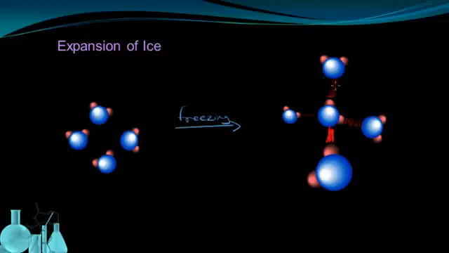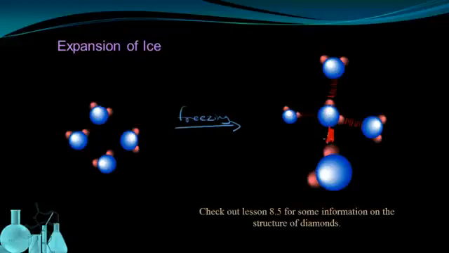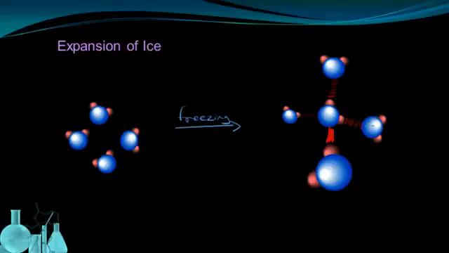And you may start to see this already, but what we have here is a tetrahedral shape, very similar to the structure of diamond that we saw before. And this locked tetrahedral arrangement of atoms forms a basis for the crystal structure of ice. And it actually turns out that when water is frozen, the water molecules are not closer together. They actually spread out because they're locked in place by these hydrogen bonds.